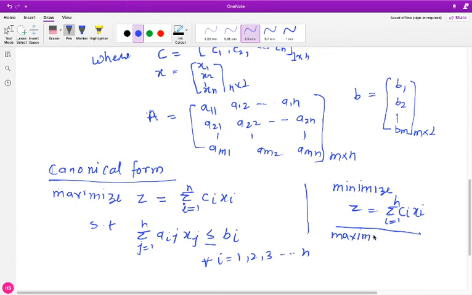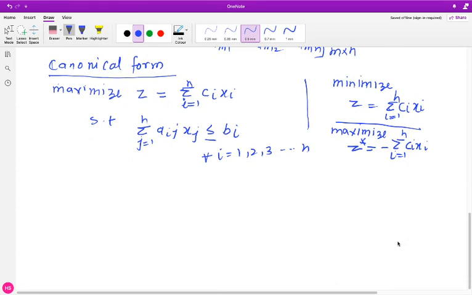So maximize, instead of z we are going to write z star, which is equal to minus summation i equals 1 to n ci xi. So if any minimization problem is given to us, then we can easily convert that into a maximization problem.